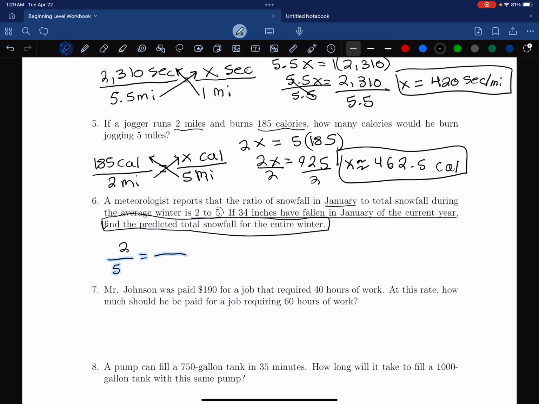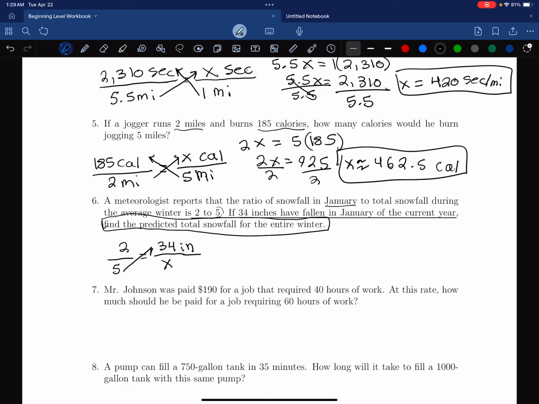Then we set it equal to 34 inches, because 34 inches have fallen in January, and we want to find the total inches in the entire winter.